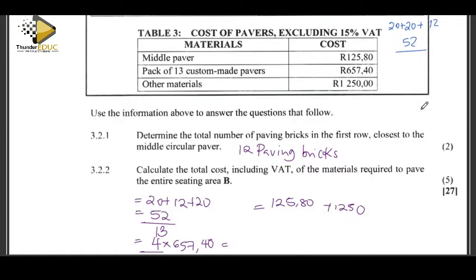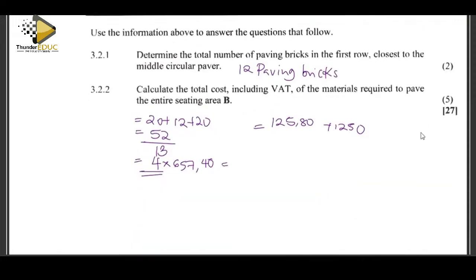125.8 plus 123 plus 4 times 567.40. When you add everything, you end up having 4,005 rand.